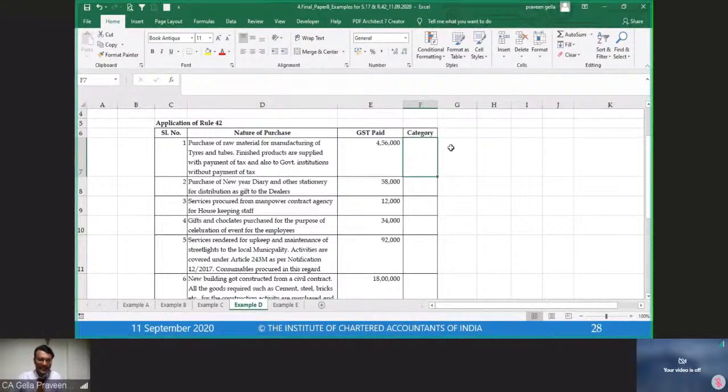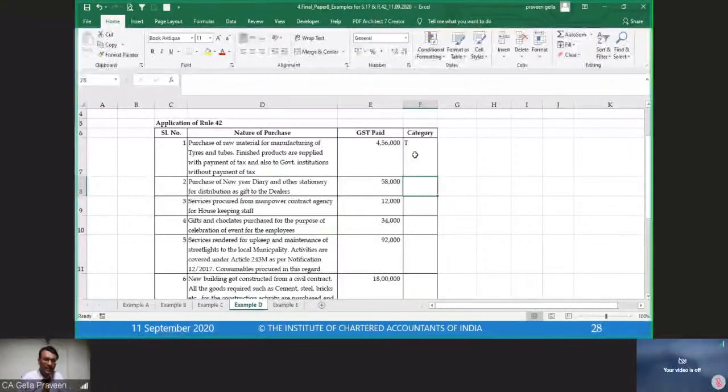So that identification, let us do one by one. To start with, purchase of raw material for manufacturing of tiles and tubes. Finished products are supplied with payment of tax also to government. Now, at the time of purchase, I know that this is used partly for taxable, partly for exempted. So this is nothing but a common credit. So I would directly push this to T. I'll directly push into T. I'll not do anything with that.